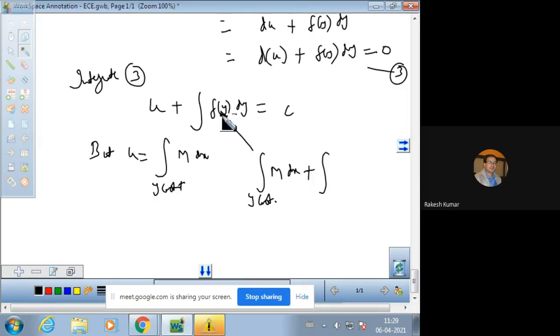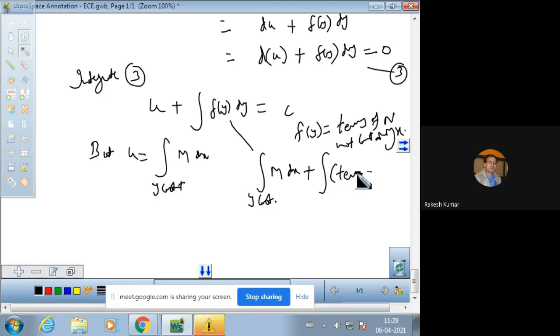What is this? The integration of f of y, and what is f of y? f of y is the terms of N not containing x, because f of y means a function of y only.